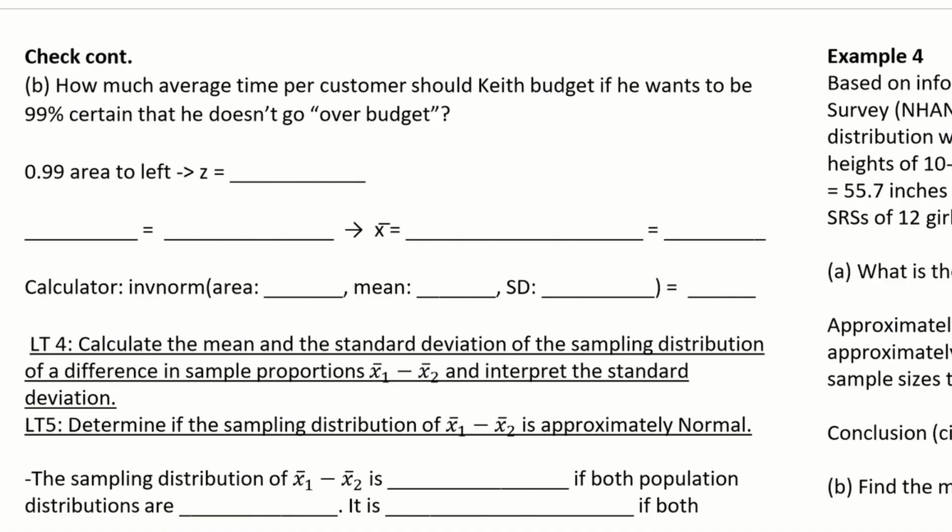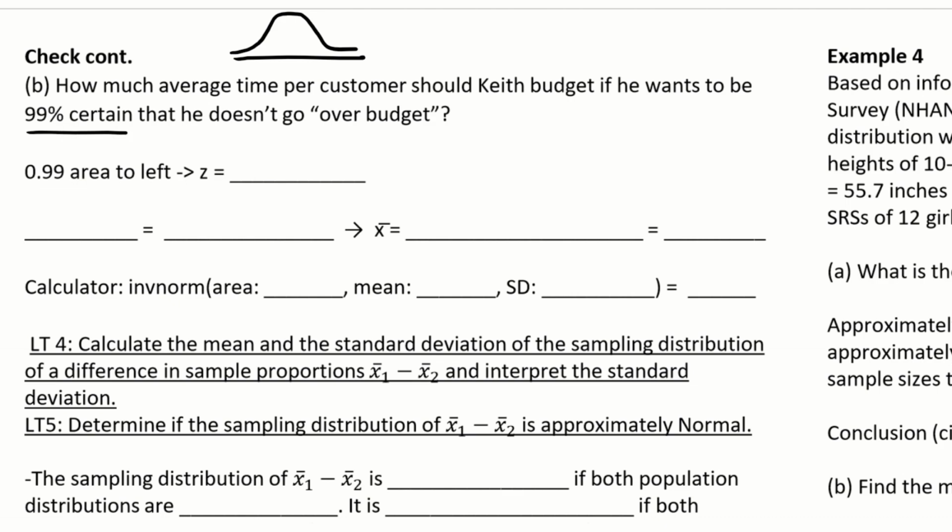Okay, so this is an interesting problem. Let's do the normal distribution. It says how much average time per customer should Keith budget if he wants to be 99% certain that he doesn't go over budget.